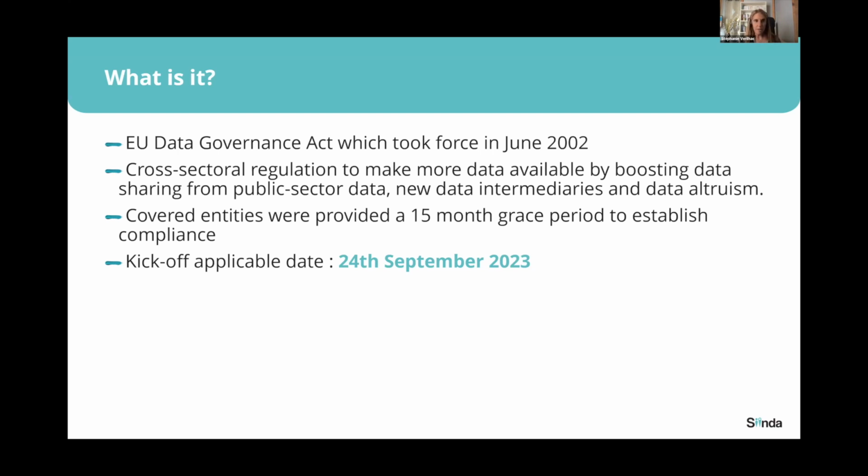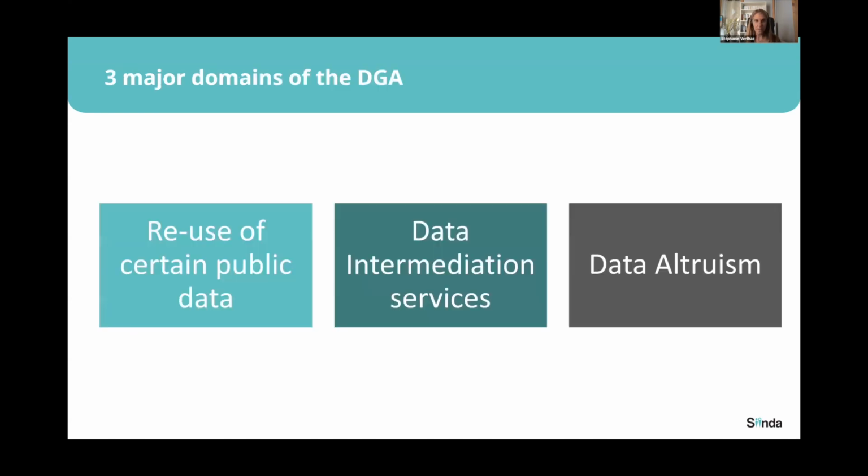So what does it mean? What are we talking about, and what are the information and the entities that are covered by the Data Governance Act? It's basically 3 major domains. The first one is the reuse of certain public data, which were not available before as open data and are going to be more possible to be reused now.